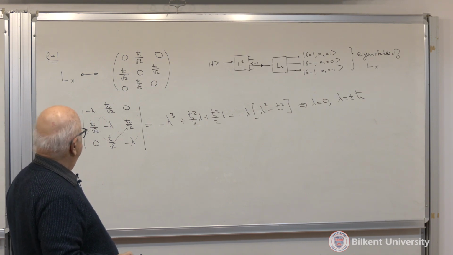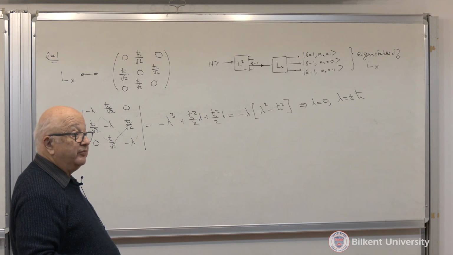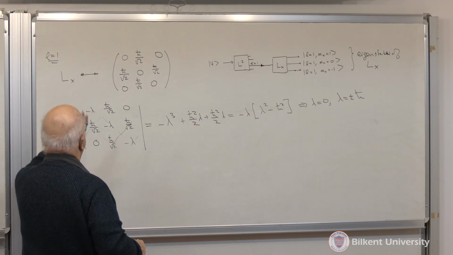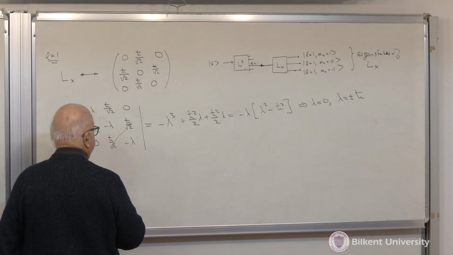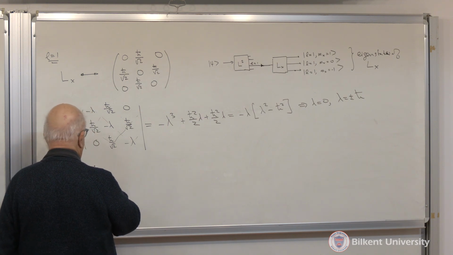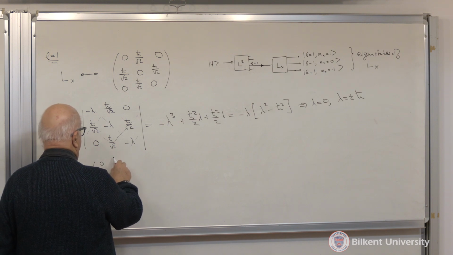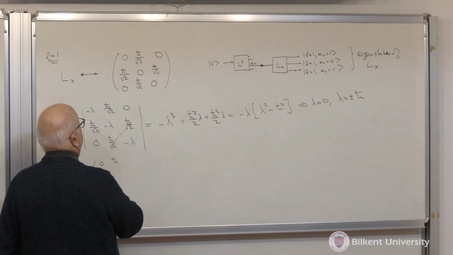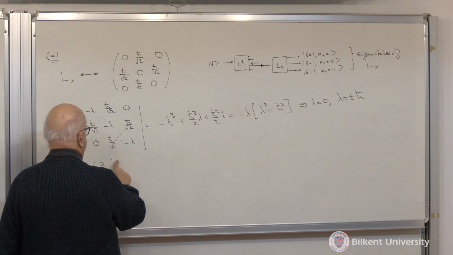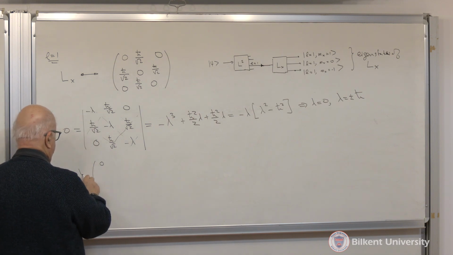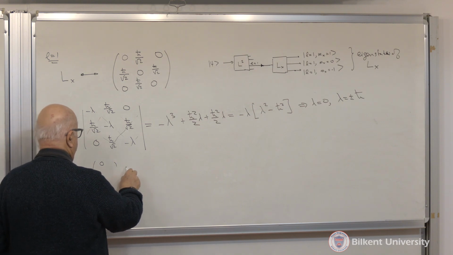The next thing to do is find the eigenvectors. Again, I just take this matrix, so let's do them one by one. In fact, let me factor out an h bar over square root of 2 here so that I have a simpler matrix.